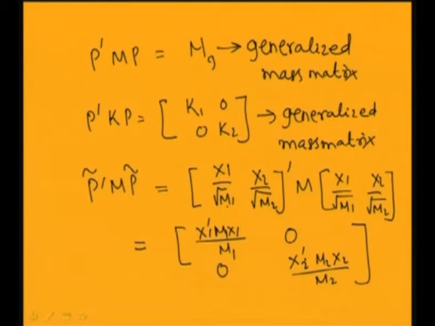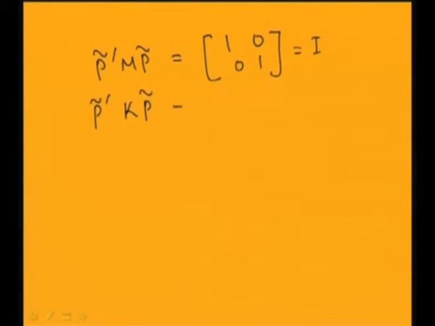So by dividing this you can see that P weighted modal matrix transpose M P weighted modal matrix becomes [1 0; 0 1], the I matrix. Similarly you can show that P weighted modal matrix transpose K P equals [lambda 1 0; 0 lambda 2].